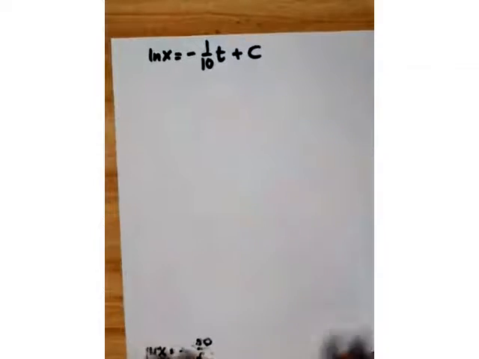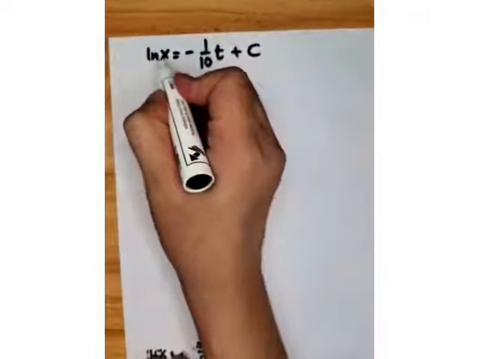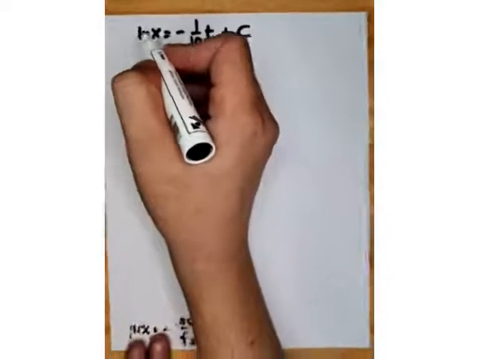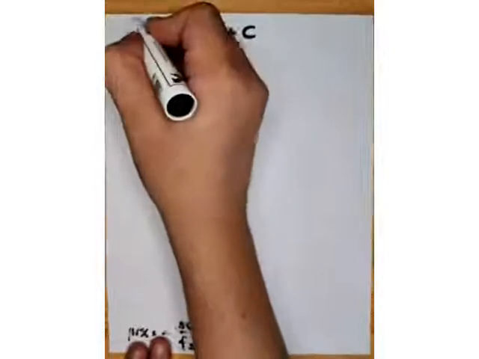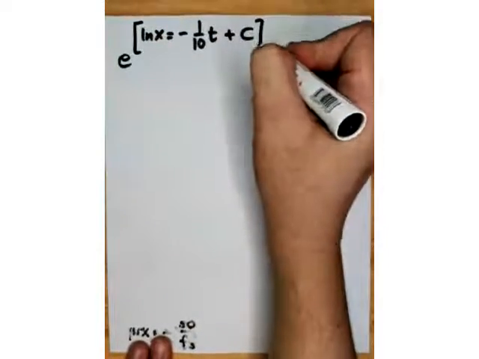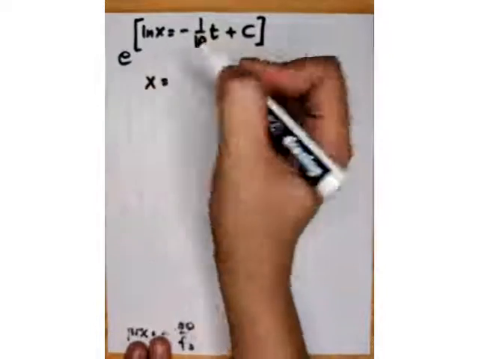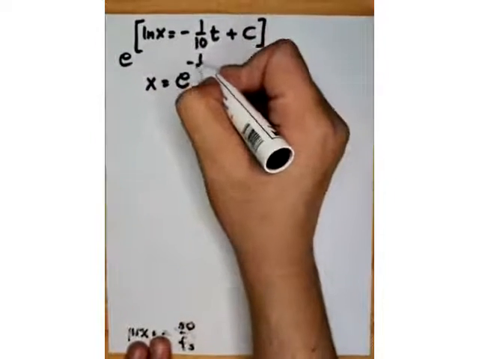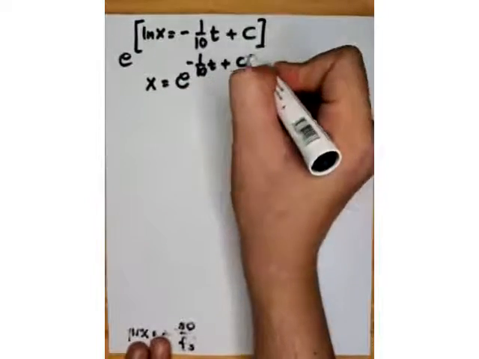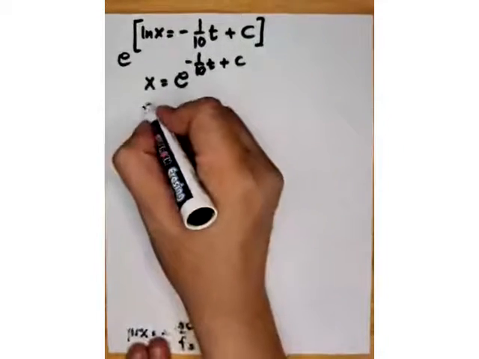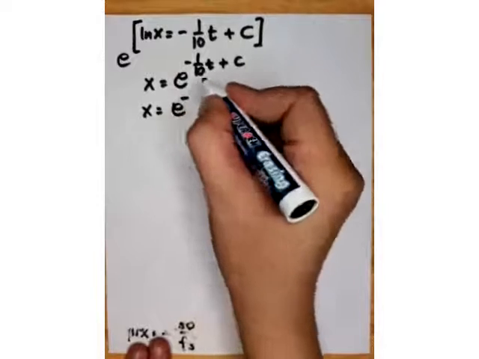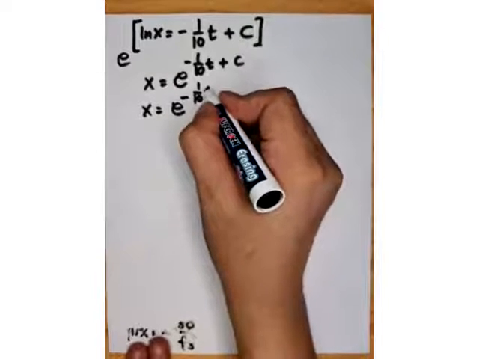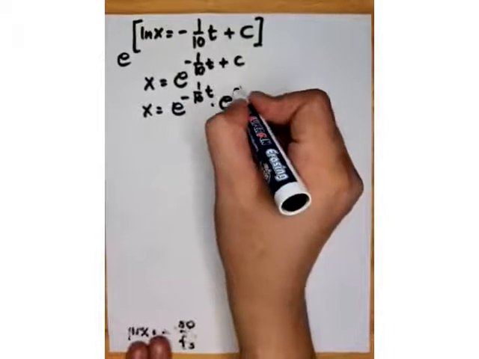Okay. So, tanggalin natin pagkaka-logarithm nito. So, we'll apply exponential on both sides. So, we'll have x is equal to e raised to negative 1 over 10 t plus c, or x is equal to e raised to negative 1 over 10 t times e raised to c.